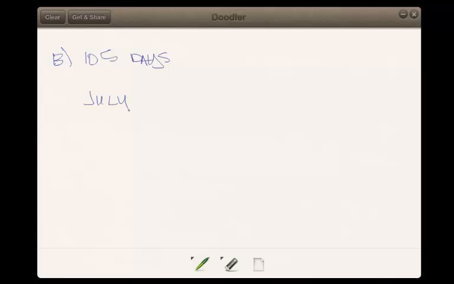So in July, since there's 31 days in July, and it was issued on the 14th, we have 17 days left in July. So that's 17 of the 105 days to maturity. So that means we have 105 minus 17 is 88 days left to go.